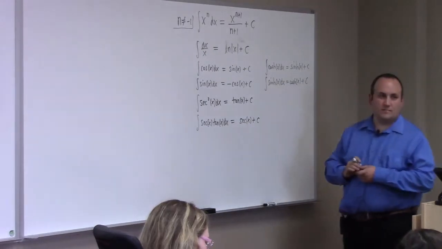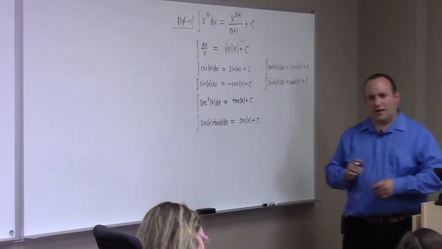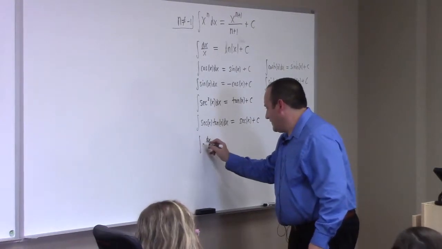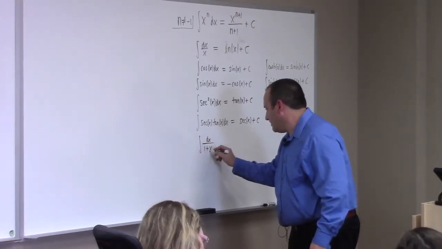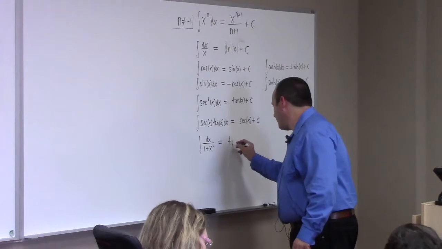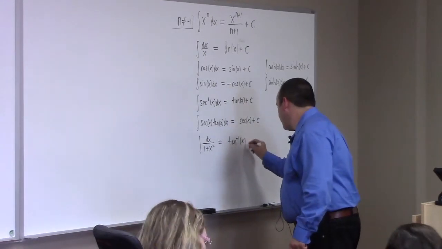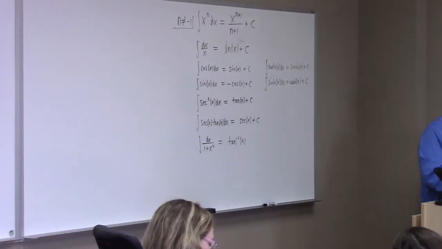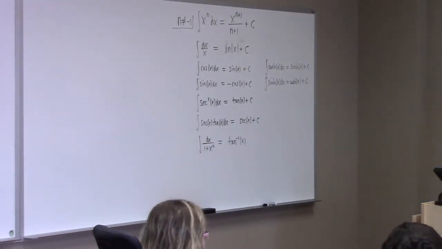right? And we've picked up a few more interesting ones along the way here if you didn't know them already, like this one, right? I mean, there's about 20 that we could write here, right?